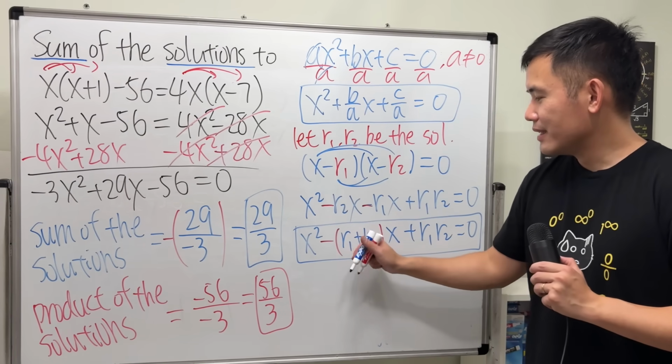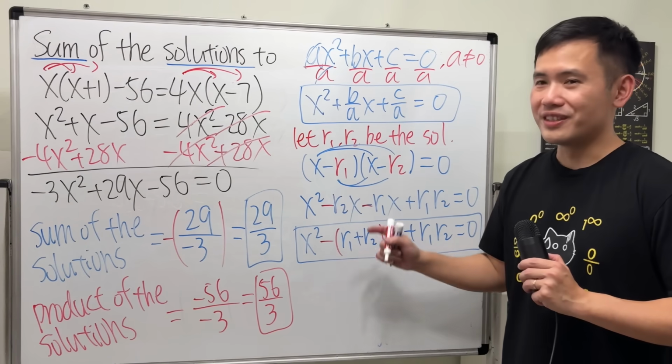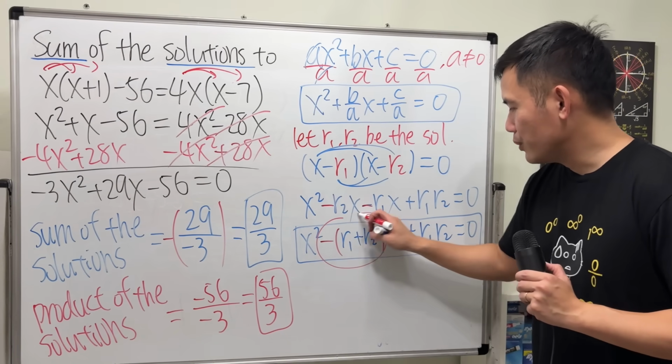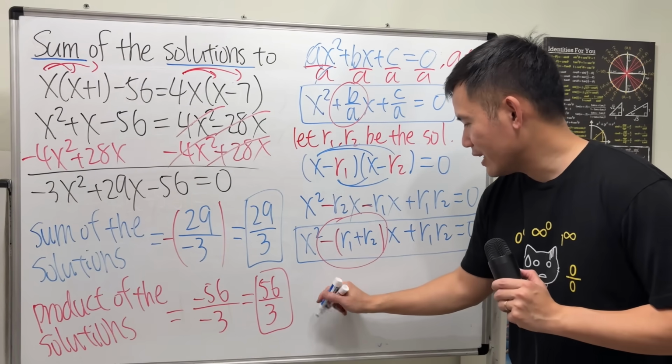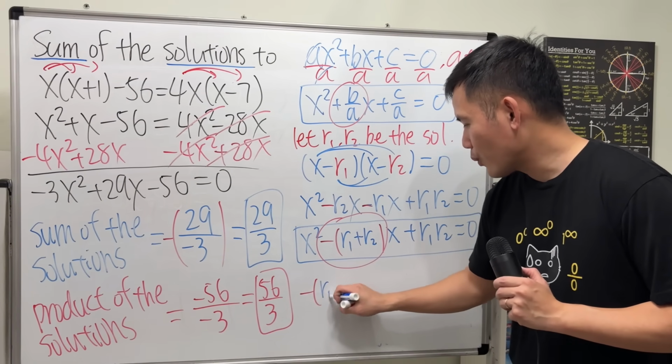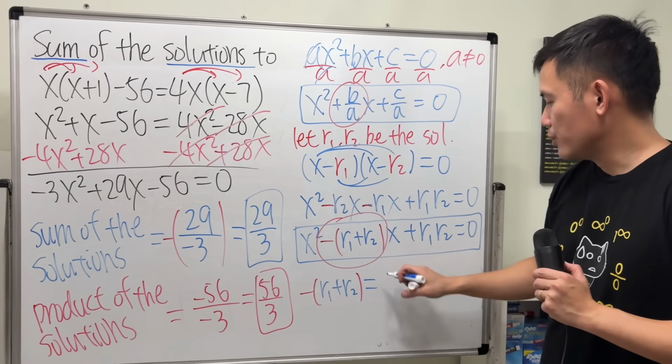Now, this is where we are going to get the R1 plus R2, which is for the sum. So, if you put this equal to that, well, we will get negative R1 plus R2. This will be equal to b over a.